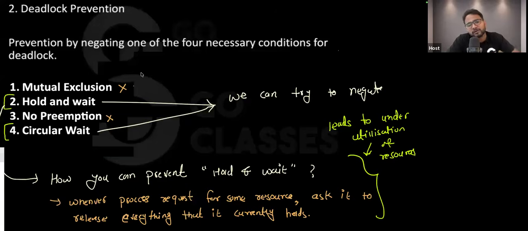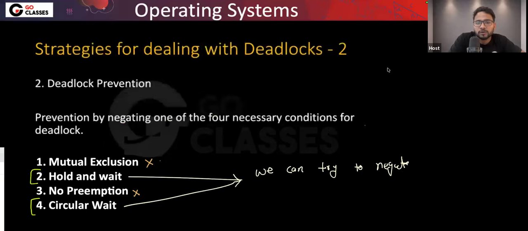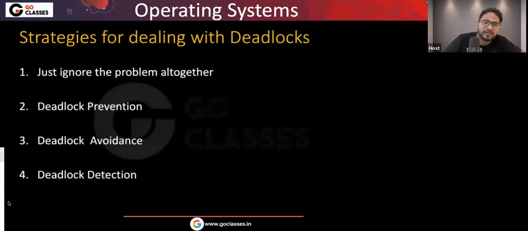The only thing I'm trying to say is that if you want to prevent these four conditions, then somehow you can try to prevent them. Basically, hold and wait and circular wait, you can work on that. Don't worry too much about how to work on that, but yes, we can. That's all that is important for us. Now, the strategies to deal with deadlock: first is the ostrich algorithm, just ignore it altogether.